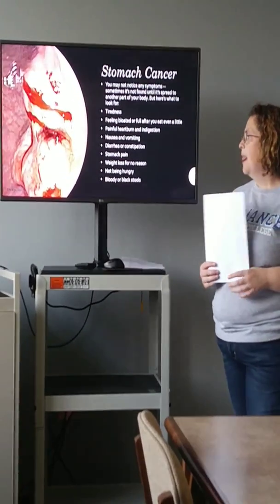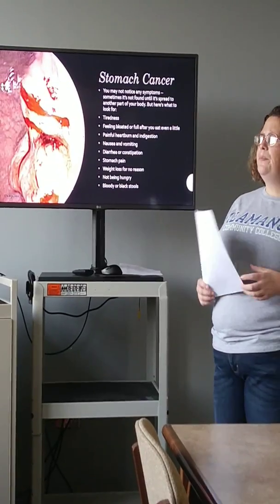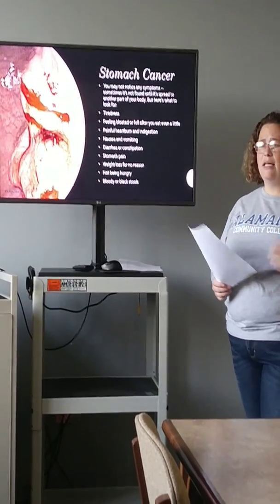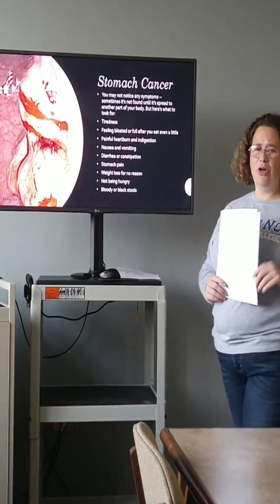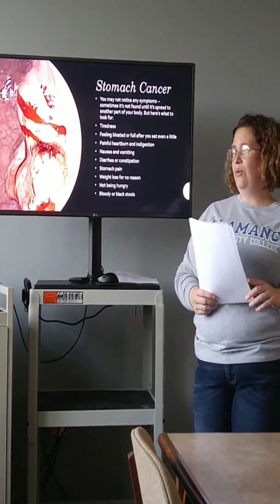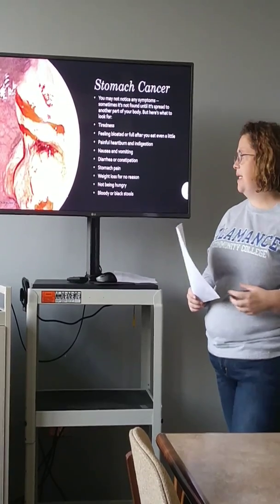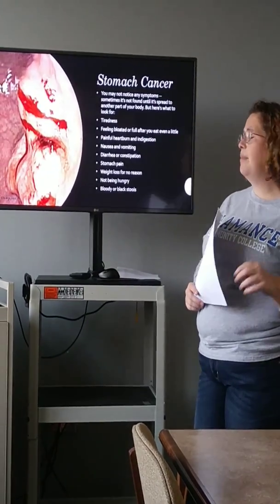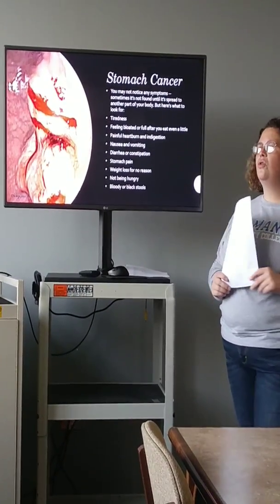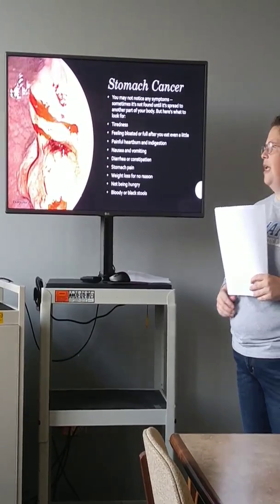Not being hungry is very hard to say because your brain acts as if you're hungry all the time. We're human. We see food, our saliva glands start going, we want to taste and try. Bloody and black stool, again, that is old blood coming out of your body.